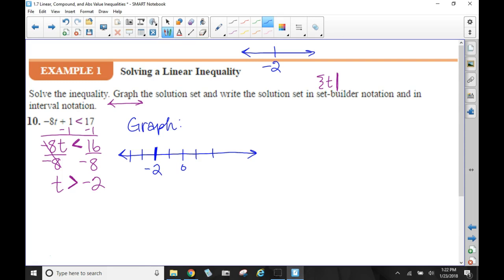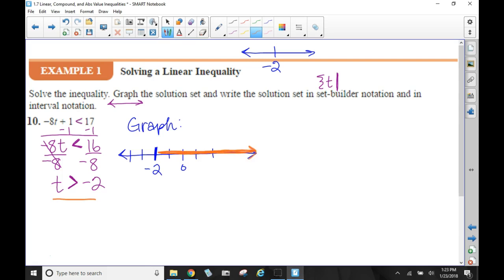Now, what we are asked to do is graph all the values of t that are greater than negative 2. Values of t that are greater than, or bigger than, negative 2 fall to the right of negative 2, so color in that portion of our number line.